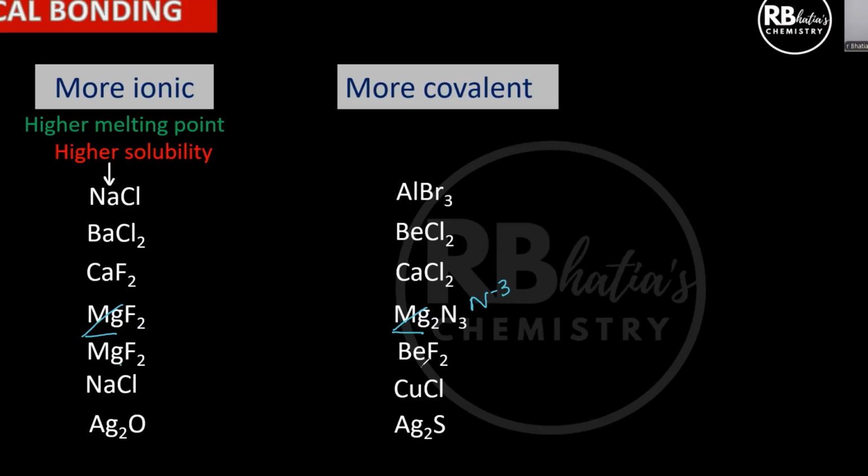So magnesium fluoride, beryllium fluoride, this is a smaller cation. This is pseudo noble gas. And out of silver oxide and silver sulfide, this is O2 negative. This is S2 negative, larger anion, more covalent character. Fine. So you can be asked based on more ionic or covalent, higher melting point, higher solubility. Any of these points can be asked.